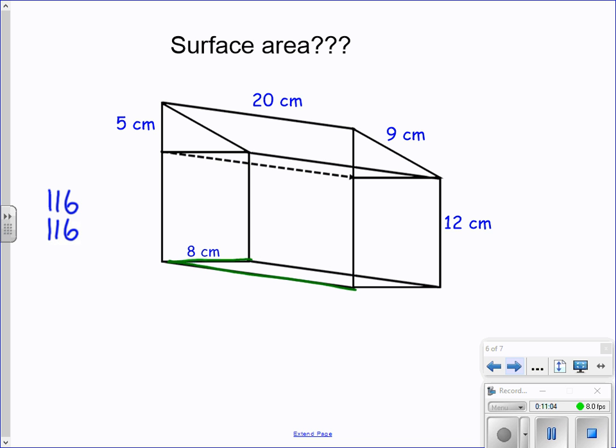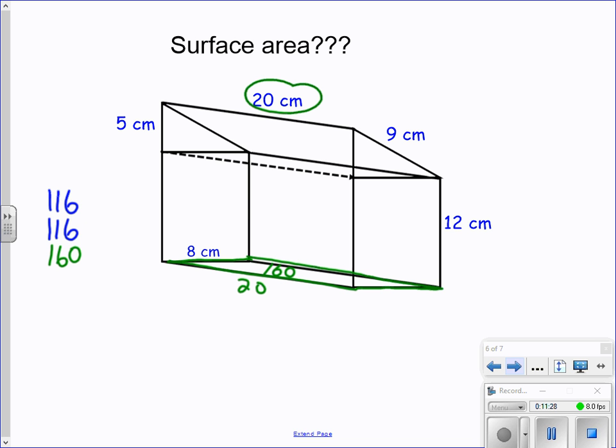And the length is 20 because that's the depth of the shape. So it's 8 across and 20 deep. I know it's 20 because this says 20 up here. So 20 times 8 is 160. That bottom panel is 160. And add that. Okay, so we've got that.